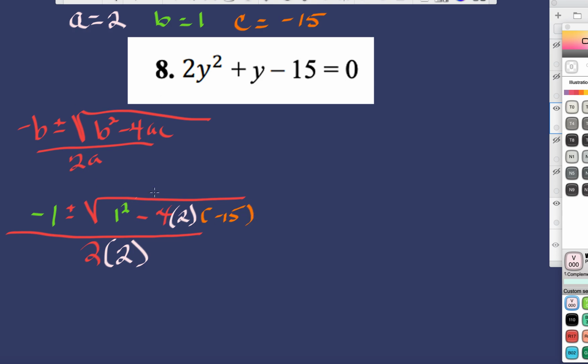Perfect. I knew what it was, and I second-guessed myself. Well, the 1 is easy. The 1 squared is easy. So here we go. So we now have, and I'm just going to write it all in one color now. So let's start doing our math. Negative 1 plus or minus the square root of 1 plus 120.